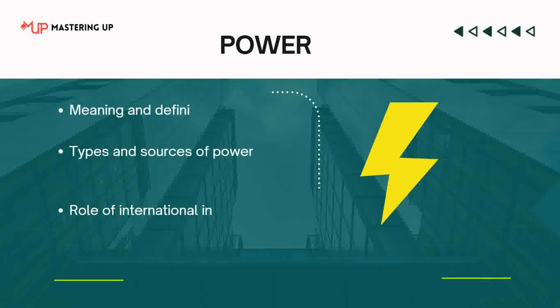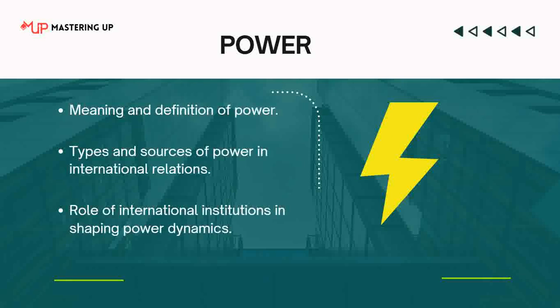In this slide, we will discuss power as a concept of international relations and a core concept at that. So to define power, we can say power is the ability to influence and shape the behavior of others. So now we ask, what is power in the context of international relations?